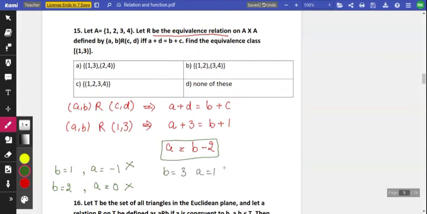A equal to 1 belongs to set A. So we can consider this case. If B is equal to 4, then A is equal to 2. A equal to 2 also belongs to set A. So the equivalence class is (A, B), where A is equal to 1 and B is equal to 3. In the second case, A is equal to 2 and B is equal to 4. So the correct answer is option A.